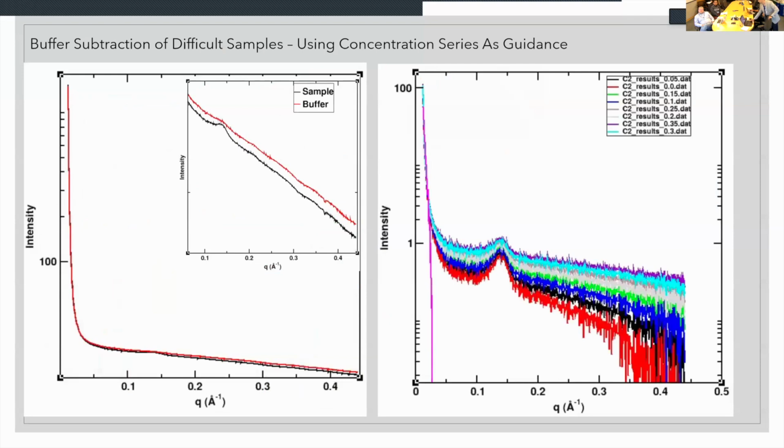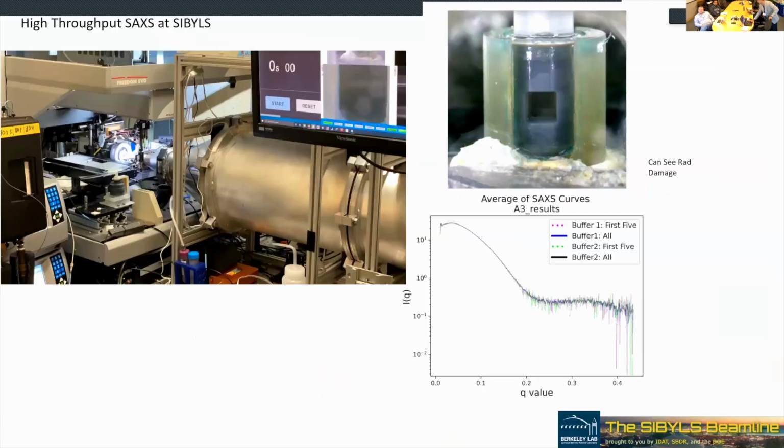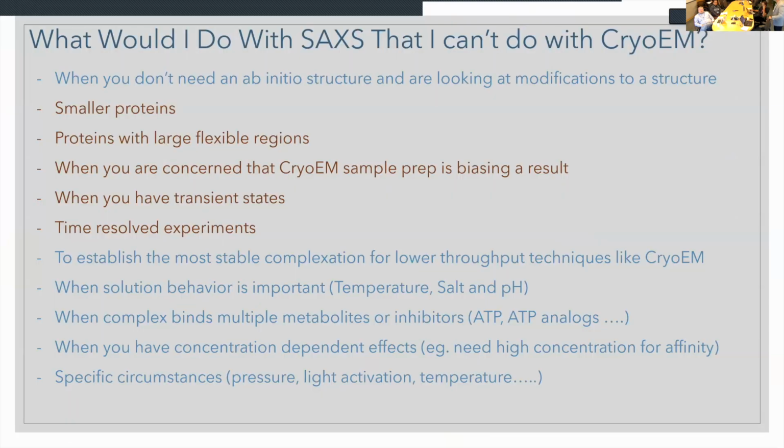Those were the rest of the talk. No, the one slide about the things that were coming. No, sorry, people at the ACA asked you why would you use SAXS instead. Okay, those were all high throughput, the red ones. The blue ones were all high throughput associated.